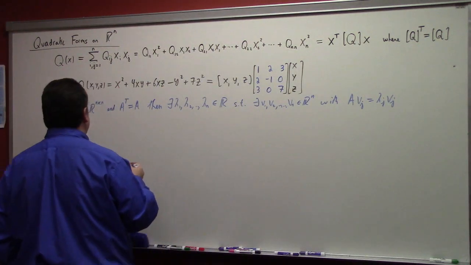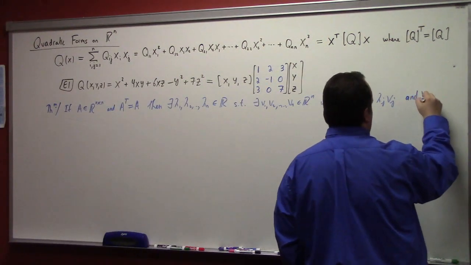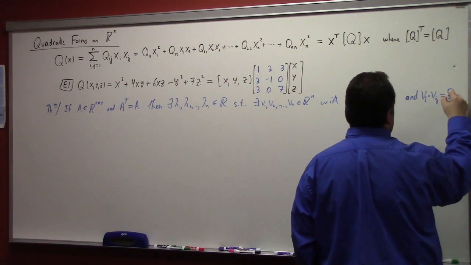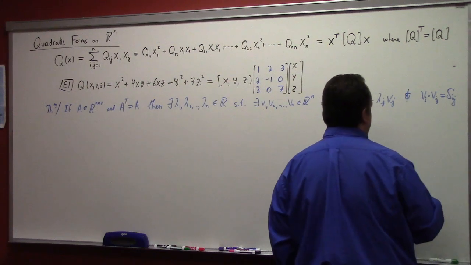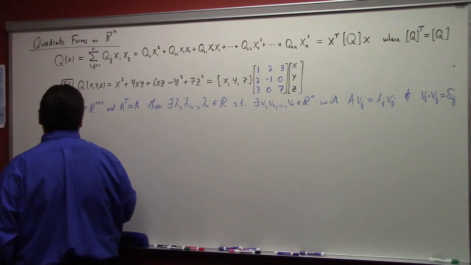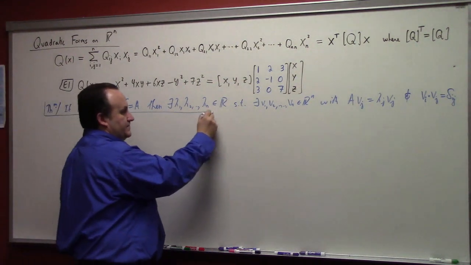And here's the kicker: vi dot vj is the Kronecker delta ij. In other words, there exists an orthonormal eigenbasis for a symmetric real matrix.